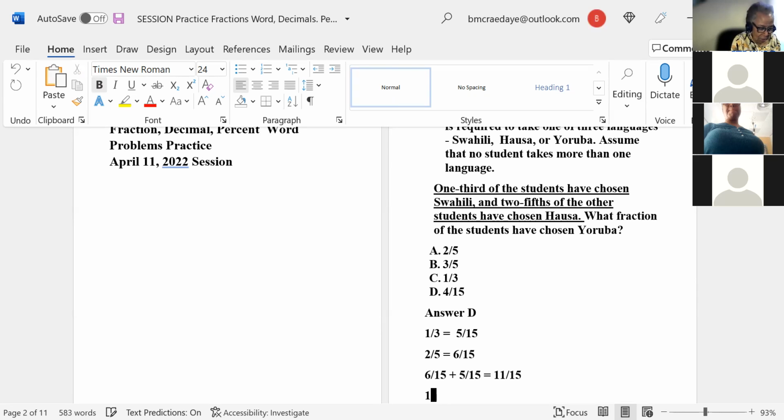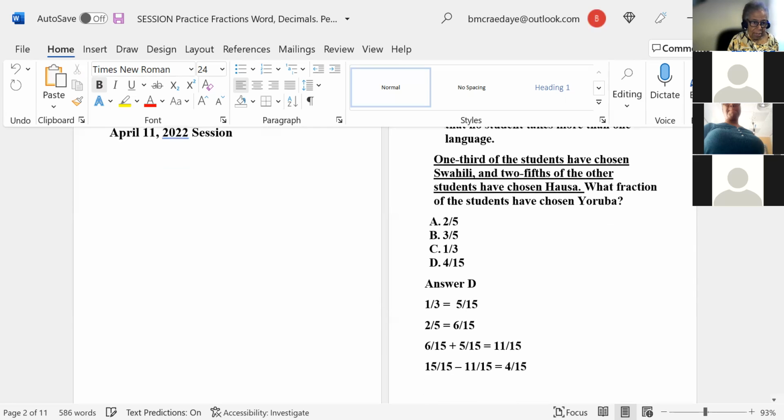That's right, 15 over 15, minus the two languages that the others are taking, 11 over 15. You can subtract the numerators because the denominators are the same. So 15 minus 11 is equal to 4, right? 4 over 15. And you both got the right answer. Answer D.